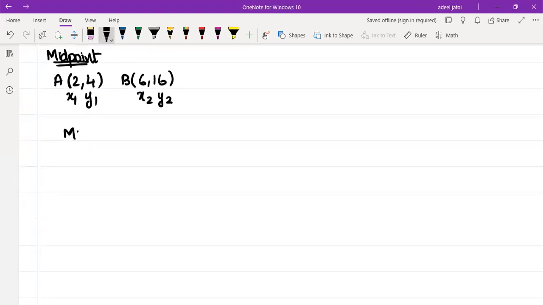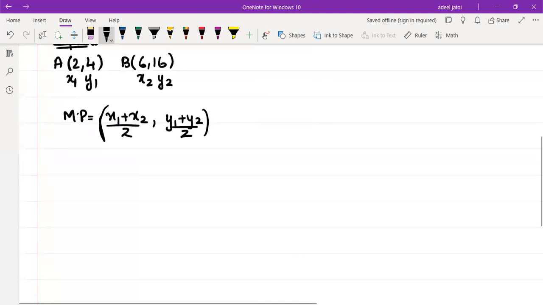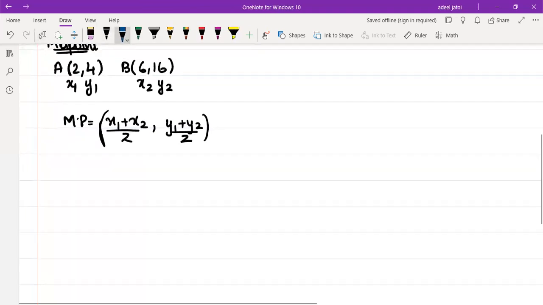Your midpoint formula is x1 plus x2 upon 2. This will give you the midpoint of x coordinate. y1 plus y2 upon 2. This will give you midpoint of y coordinate, which means that your x1 here is 2, your y1 here is 4, x2 here is 6, your y2 here is 16.